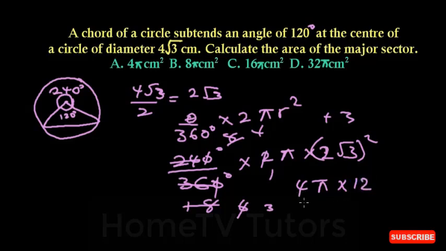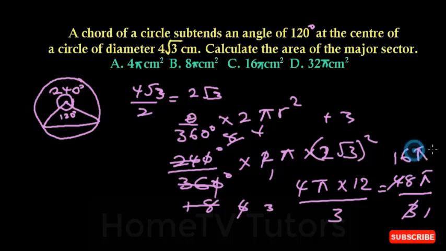So now 4 divided by 3, 4 times 12 gives us 48 pi divided by 3, which gives us 16 pi centimeter square as the area of the major sector, which corresponds with the answer option C.